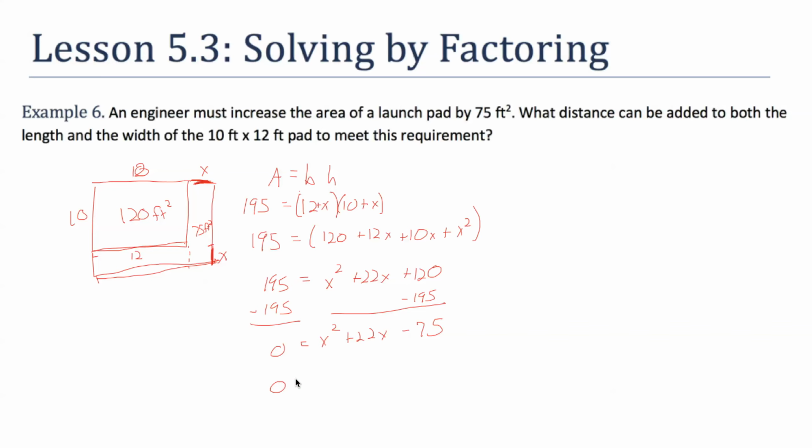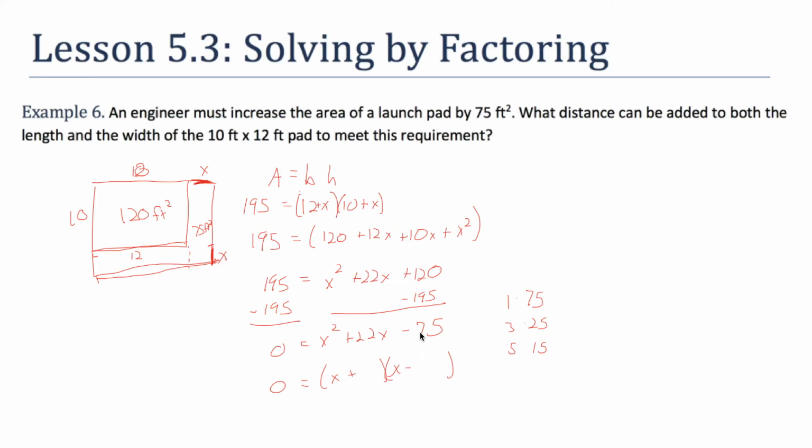Now let's go ahead and factor this. 75, well, that's 1 and 75, 3 and 25, 5 and 15. That might be it. We have a negative here, so we're going to have x and x, which will give us the x squared. To have a negative, we need one positive and one negative.